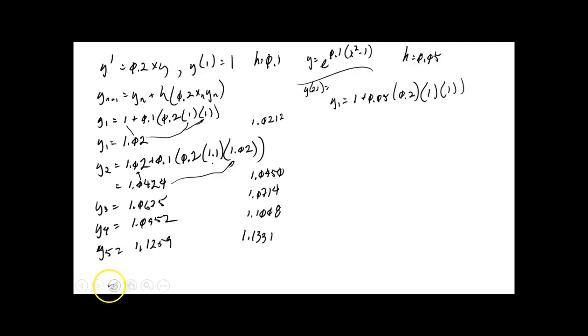Written that way, I don't need that last parentheses. Now this is something you can almost do in your head. That's 0.2 times 0.05, which will be 0.01, so 1.01. That is your first estimate, and that's exactly what they got here.